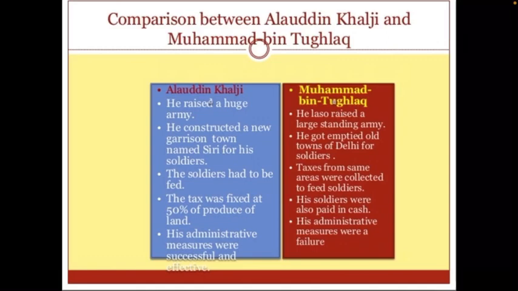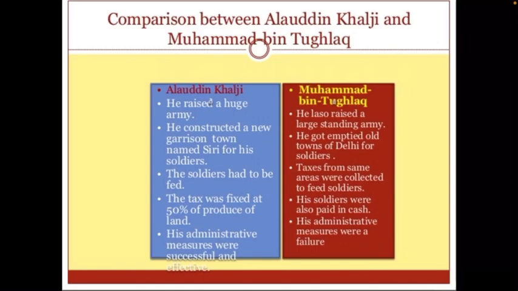Now, Muhammad bin Tughlaq. He also raised a huge army like Alauddin Khalji. He emptied old towns of Delhi for soldiers. He did not construct a new town, whereas he made the available places vacant for his soldiers. Then, taxes from the same areas were collected to feed soldiers.